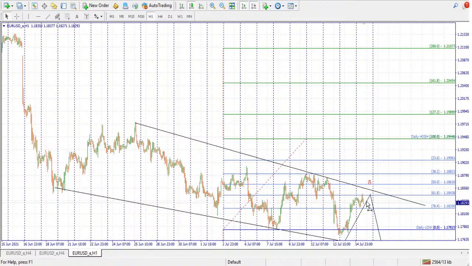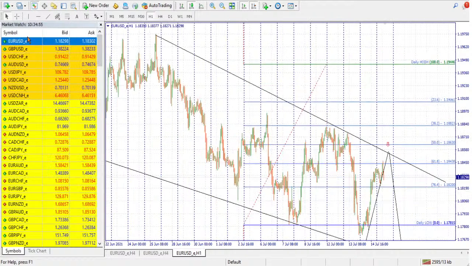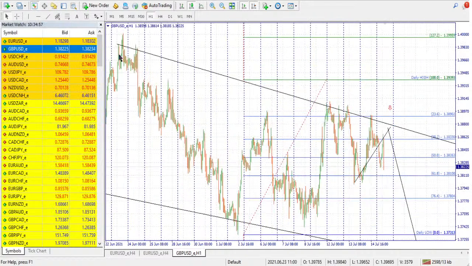We want to see price continue up at least up to this trend line to give us the correct place to look for a sell from. So we are waiting to see what will happen. If the price can come back nicely up to this point, then this will be a good place to look for a sell from.